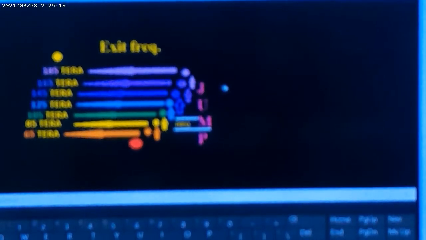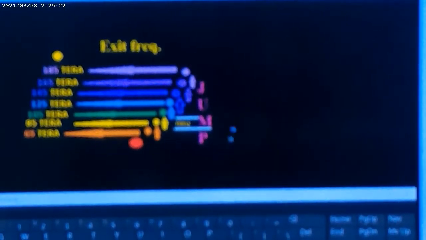And how does one do that? Let me think. So we have the exit frequencies, which is pretty easy. And the jump frequency is going to be 60 terahertz less.